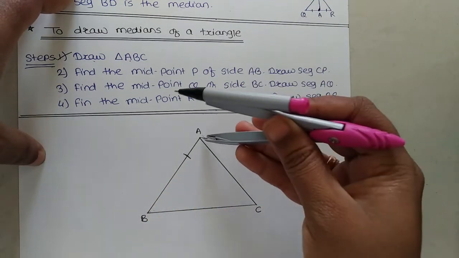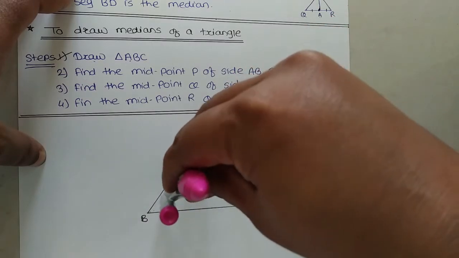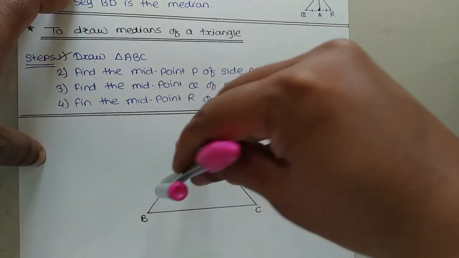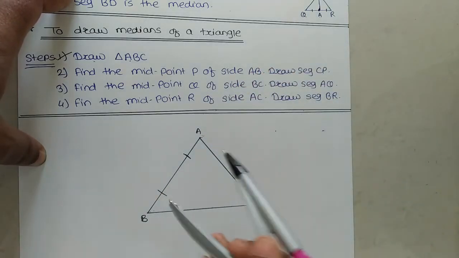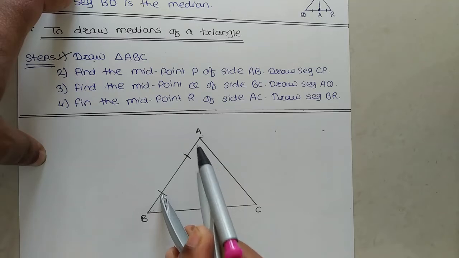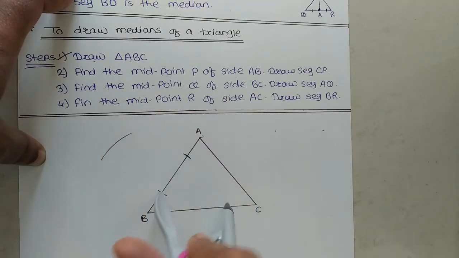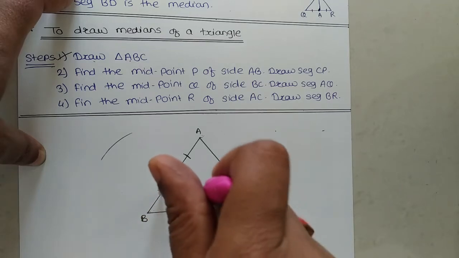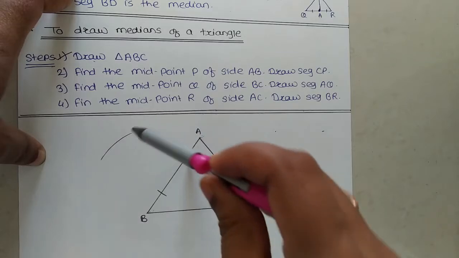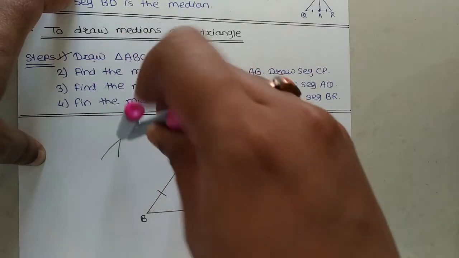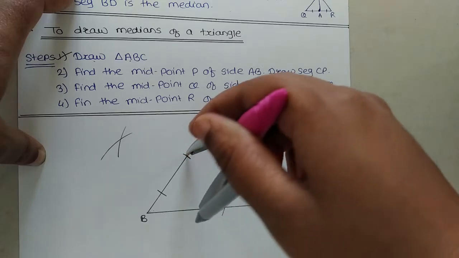Then with the same compass, put the point on the other end and draw an arc here. Clear? Do not change the measurement of the compass. Take the point on the other end and draw one arc here and here, crossing the first arcs.